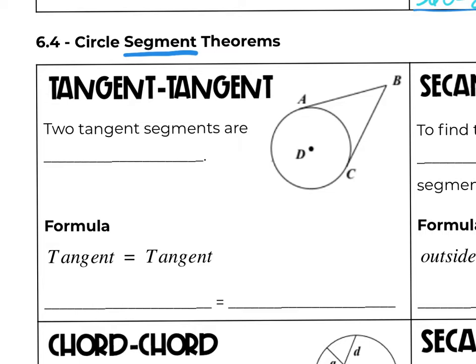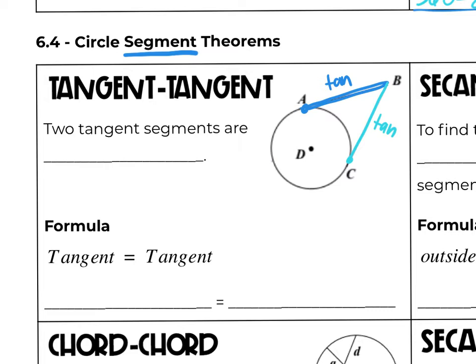Tangent. You notice it's 2 because there are 2 lines on this circle. That is a tangent line because it touches 1 time. And this other line or segment also touches 1 time here, so that makes it tangent.